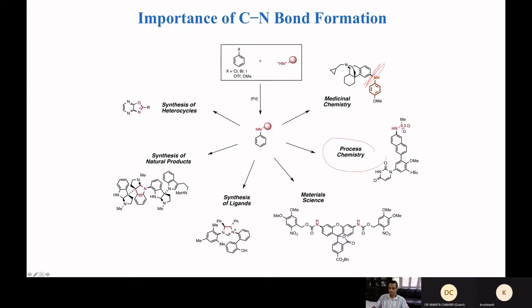You can have application in process chemistry, medicinal chemistry, material science, different ligand synthesis, synthesis of natural products, as well as synthesis of heterocycles. Wherever you have a carbon and nitrogen bond formation right outside a benzene ring, this is the method of choice.